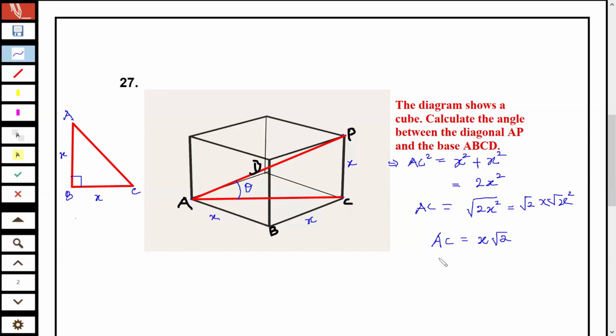Now, having calculated the length AC as x root 2, we can go back to the diagram and consider the triangle APC in order to calculate the angle formed between AP and the base of the cube. To find angle theta, considering triangle APC, which of course is also a right angle triangle, I'm going to consider SOHCAHTOA.